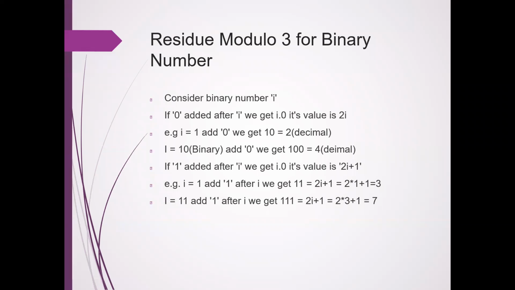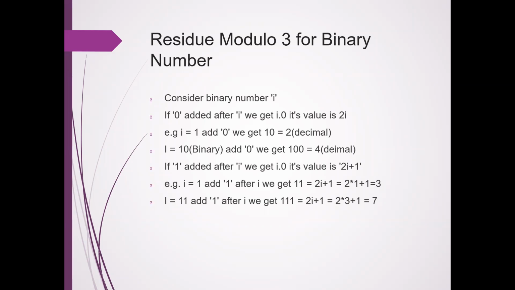Yes, ma'am. Now another possibility we need to check. If you have 10, the binary equivalent of 2, and you concatenate 1, which binary number do you get? 101. Its decimal equivalent? 5. So 5 by 3, what will the remainder be? 2. So when you concatenate 1, you need to be on the state which generates 2 as remainder.